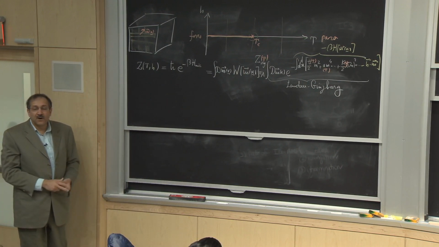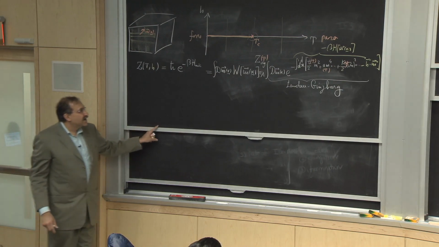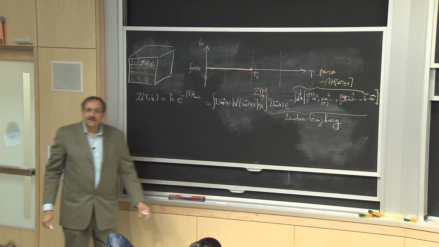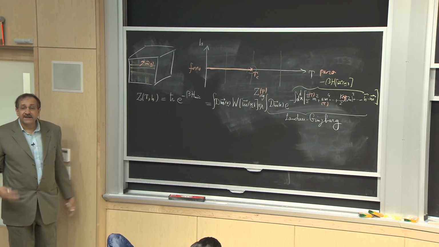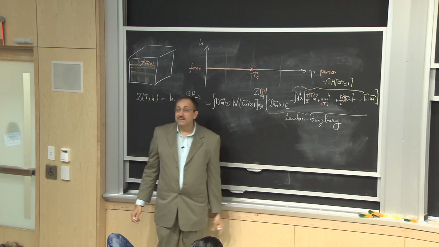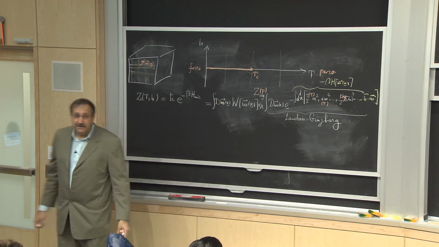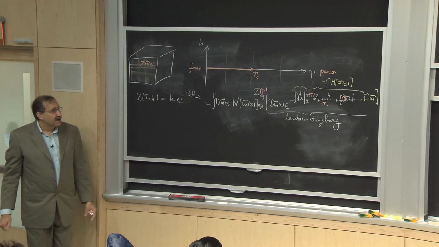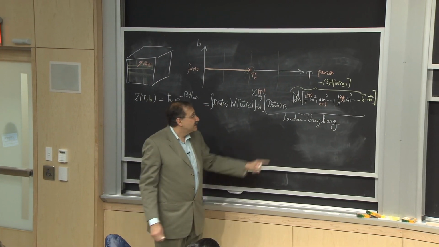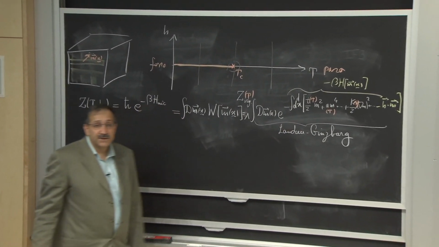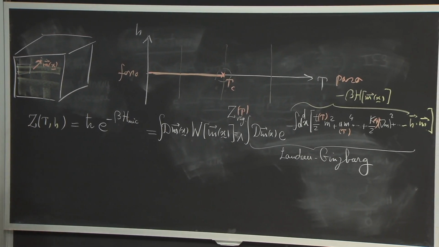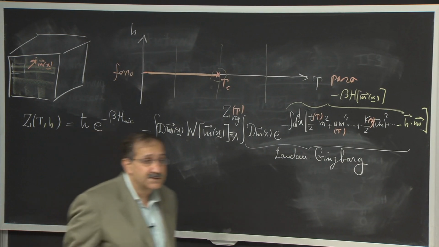Maybe I should emphasize one more thing, which is that after all, what we are trying to figure out is the nature of singularities in free energy, in phase diagrams, etc. Yet, when I wrote this, I insisted on making an analytical expansion. And the reason making an analytical expansion here is justified is because to get this expansion, I summed over degrees of freedom, I averaged degrees of freedom over some finite piece of my system.